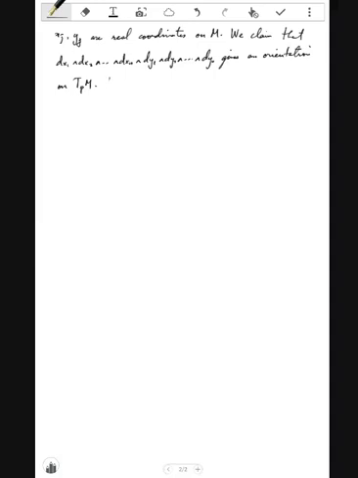So let us check this. We need to check that if we take another set of holomorphic coordinates, then we get the same orientation. It is independent of the choice of holomorphic coordinates.